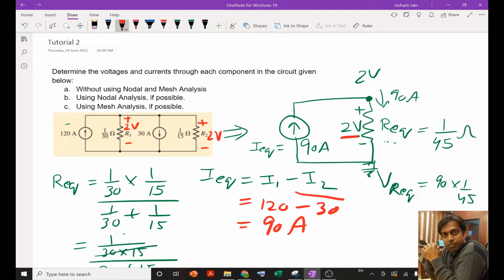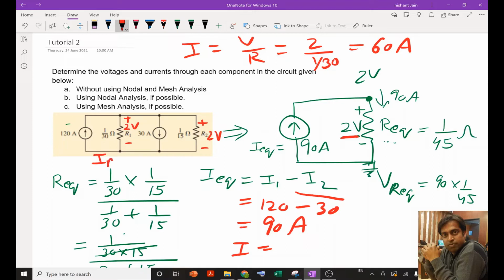And if it is 2 volt across R1 and R2, the current through R1 will be V upon R, equals 2 volt upon 1 upon 30. So it will be 60 ampere. The current flowing through R1, IR1, is 60 ampere.